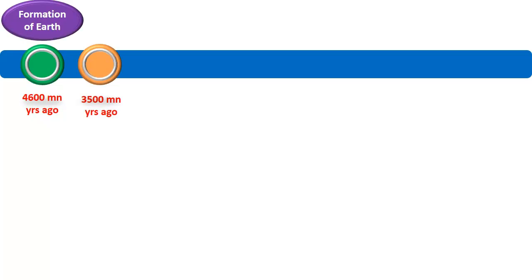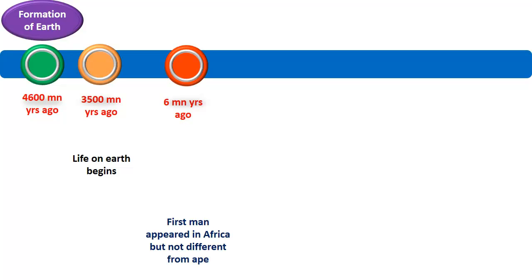4600 million years ago, or 4.6 billion years ago, the earth was formed. And 3500 million years ago, or 3.5 billion years ago, life on earth began. Getting me? 6 million years ago, comparatively, after a long time, the first man appeared in Africa.